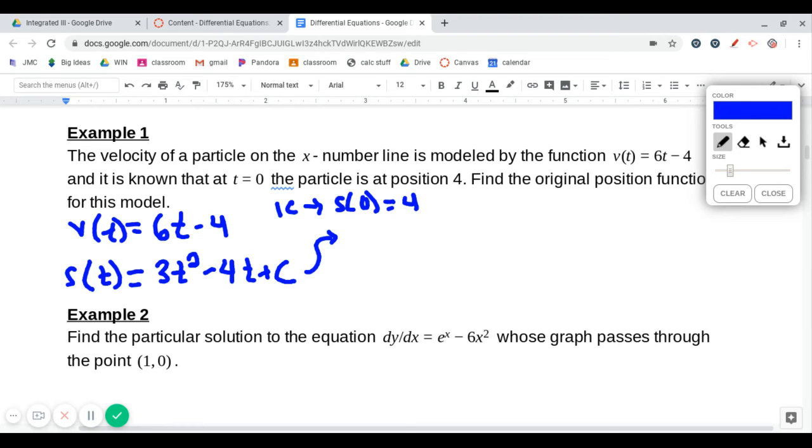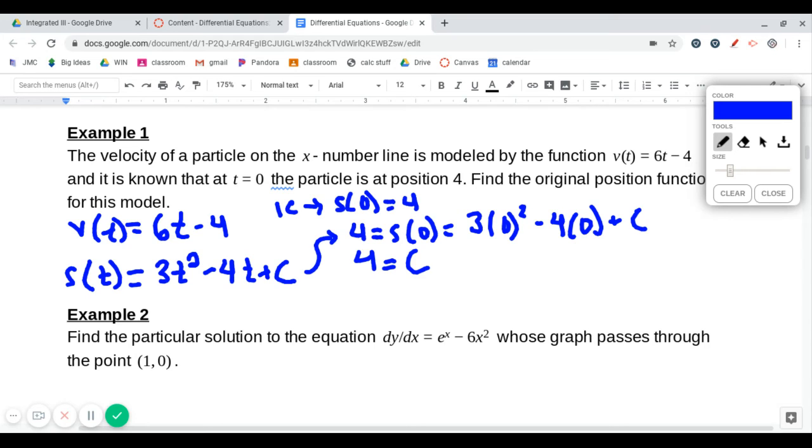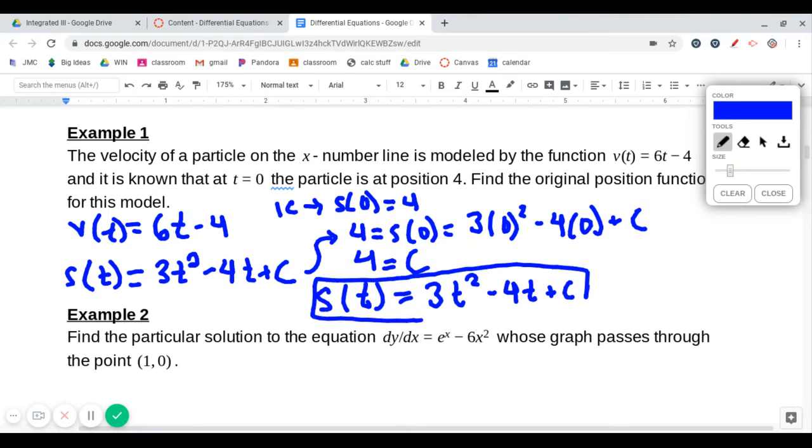So 4 equals s of 0 equals 3 times 0 squared minus 4 times 0 plus c. That just means 4 equals c. So our position function is s of t equals 3t squared minus 4t plus c. Oh, sorry, plus 4, because we found c. c is 4.